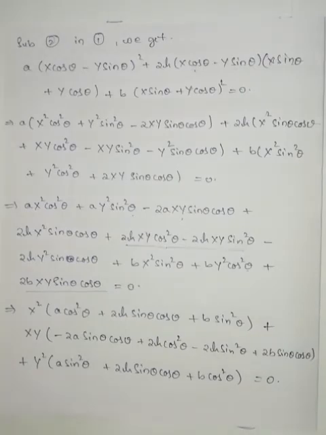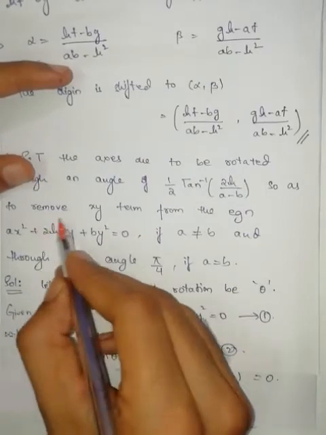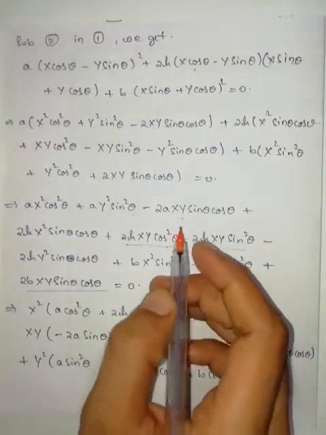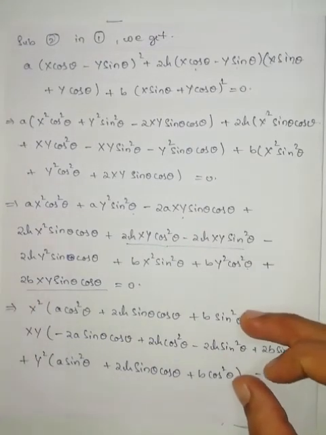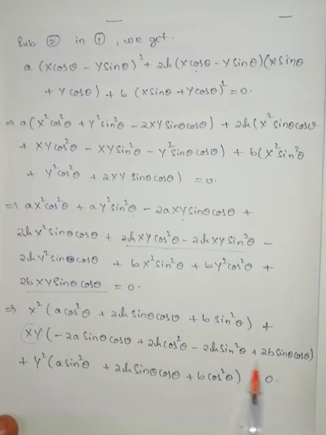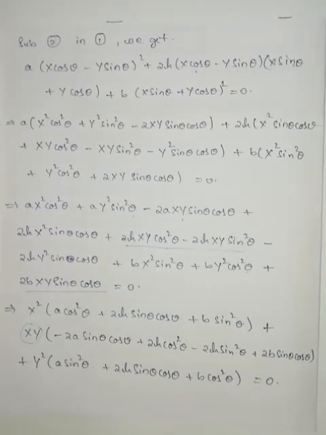In the statement clearly given that in the transformed equation we have to remove the x into y term. What is the x into y term? Means this term I have to make equal to 0.